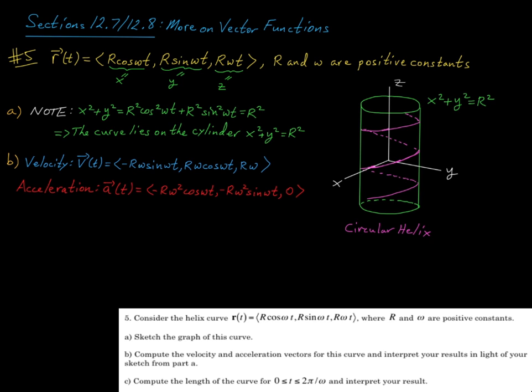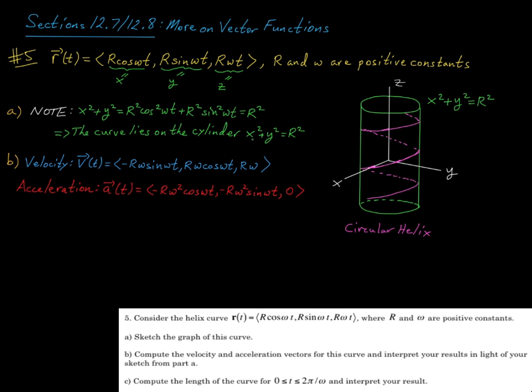So we get negative R omega sine omega t, comma R omega cosine omega t, comma R omega. Now for the acceleration vector, we're just going to differentiate the velocity vector component-wise, and again we'll pick up factors of omega from differentiating the i and j components. So that gives us negative R omega squared cosine omega t, comma negative R omega squared sine omega t, comma 0. You can see here we're differentiating the constant R omega.